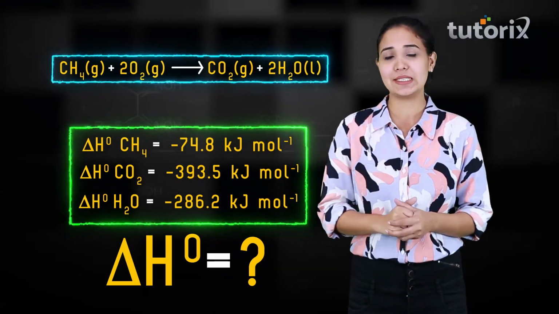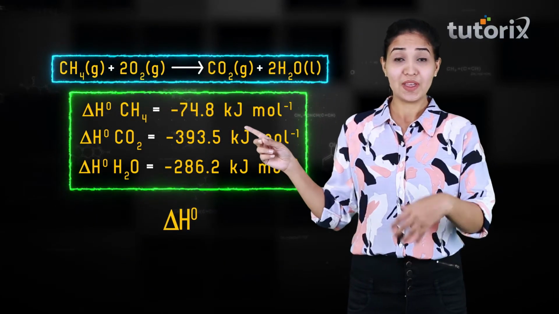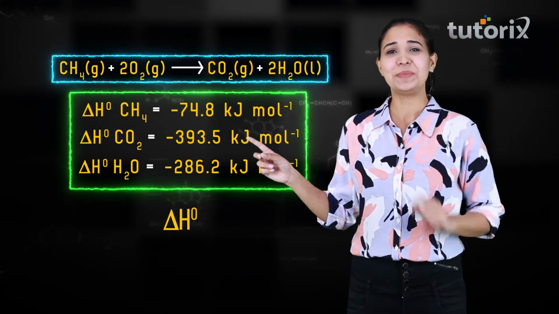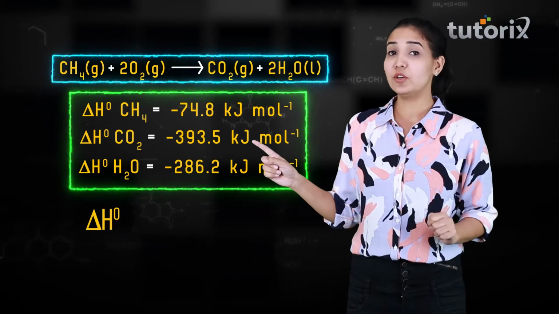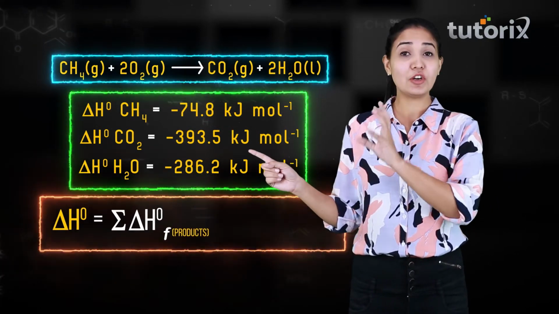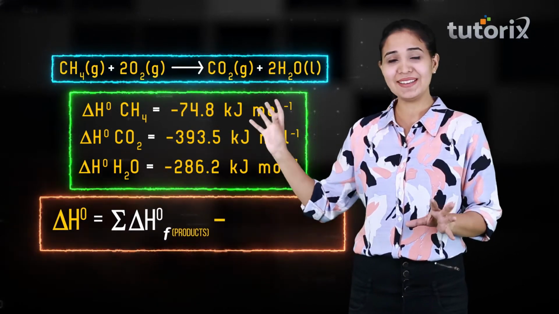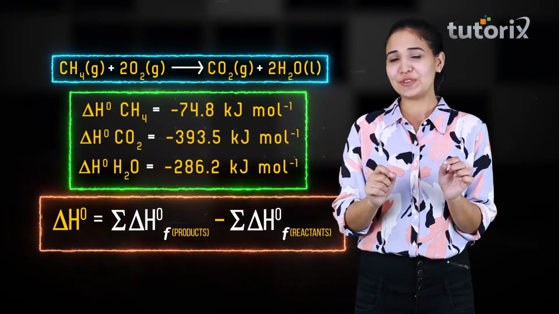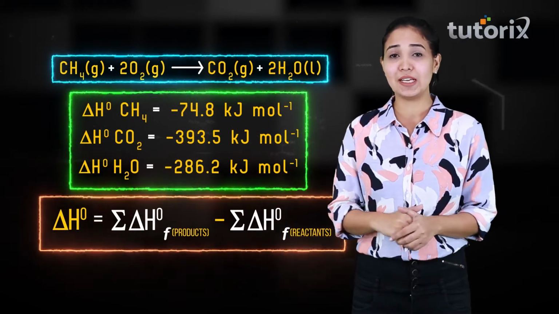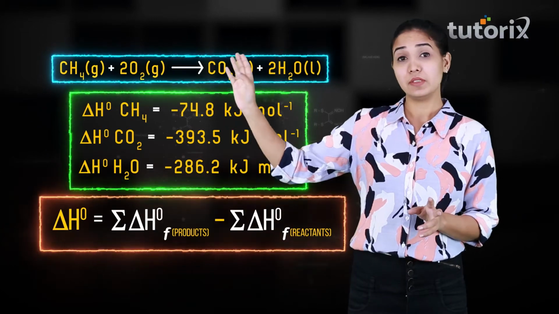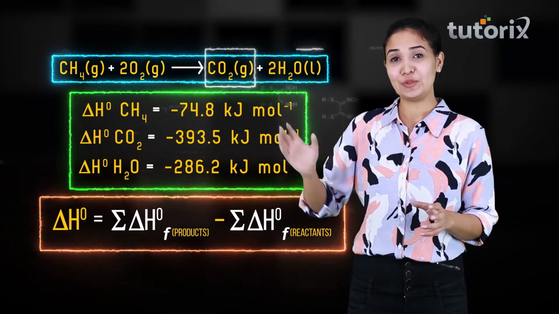And what does the formula say? Delta H naught, that is the heat of formation for any particular reaction, is equal to the summation of heat of formation of the products minus the reactants. And first of all, if we take a look at the products, what do we see? We have CO2 and we have 2 moles of water. Now guys, what do we have to do?